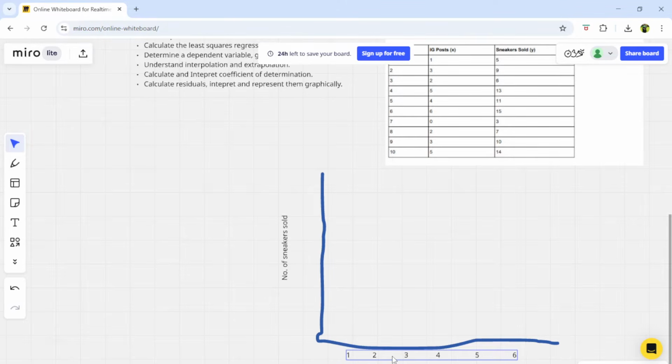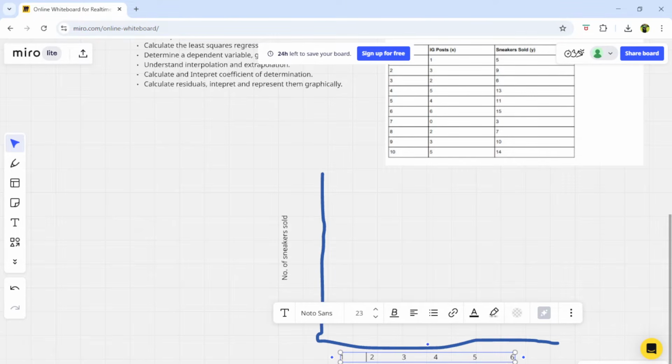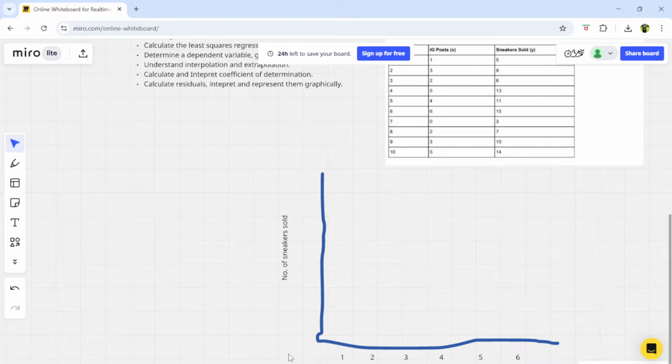Now this is just an example to show you how this is going to look. We have 1 up to 6. This is the number of IG posts per week, because I see 0 is the lowest and 6 is the highest. So 0 is going to be here, it's the origin.